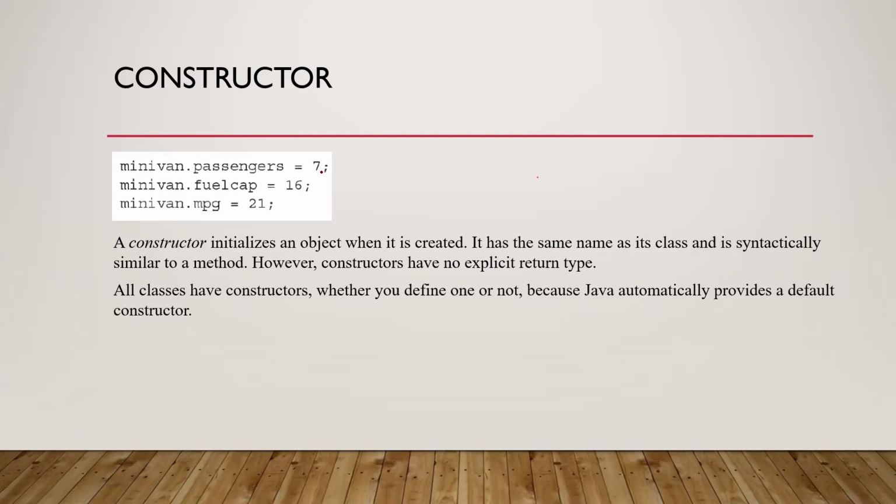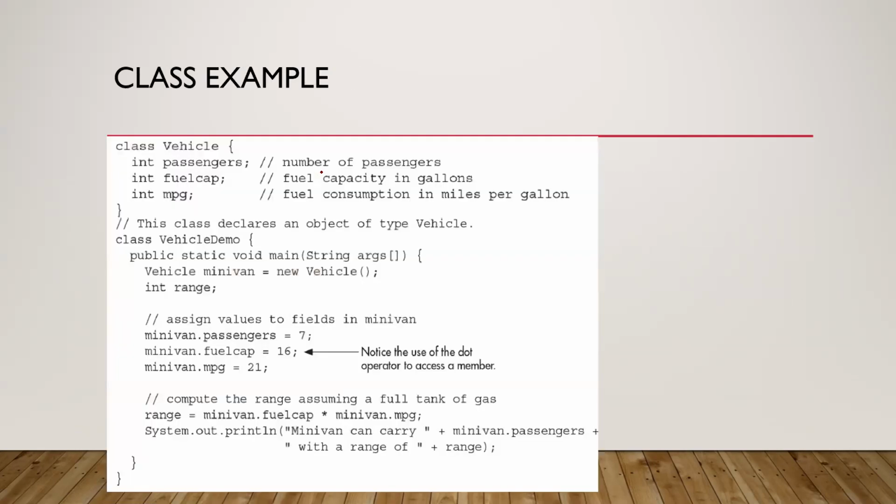When you are creating a new object using the keyword new, which we have just seen and will discuss in more detail subsequently, your constructor is called. But in the class definition, if you go back here, you see that we are using this keyword new, right?